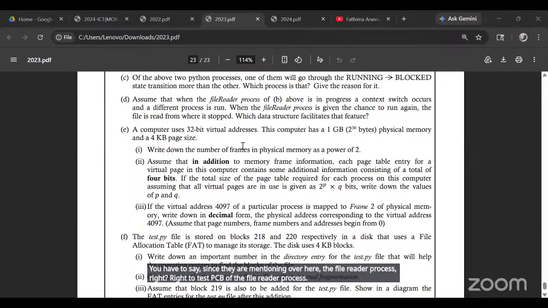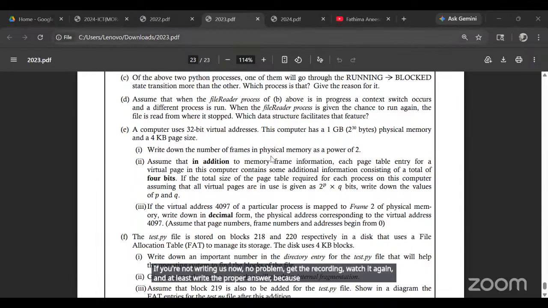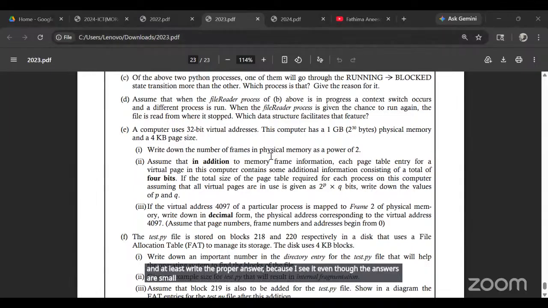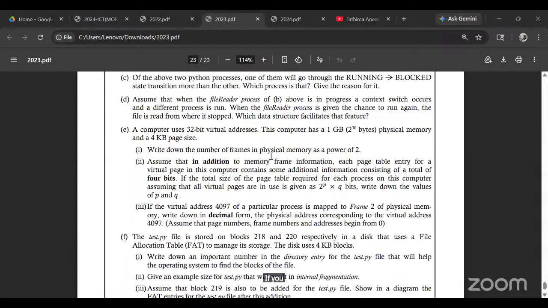If you are not writing the answer now, no problem. Get the recording, watch it again, and at least write the proper answer. Because in ICT, even though the answers are small and direct, there are chances they would deduct your marks. If you put just PCB, no marks. So be careful.